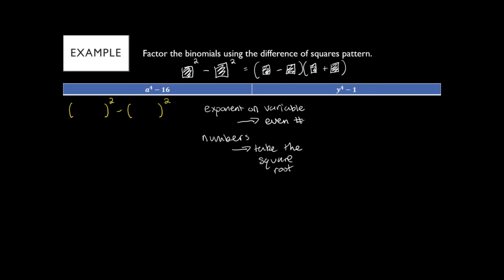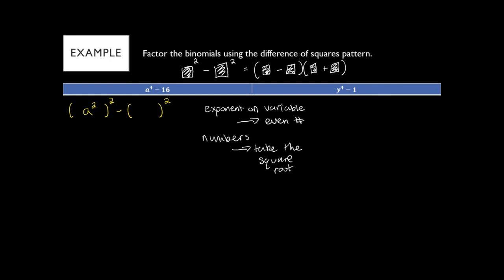So we're still looking at a difference of squares, but for the exponents on the variables, you divide them by 2. Oops, I don't know why I wrote y, probably because I was looking at the one on the right. So we have an a to the 4th.